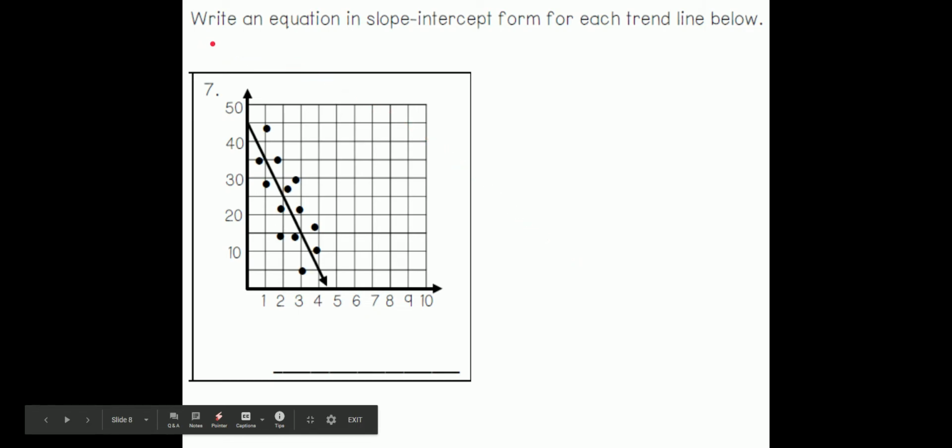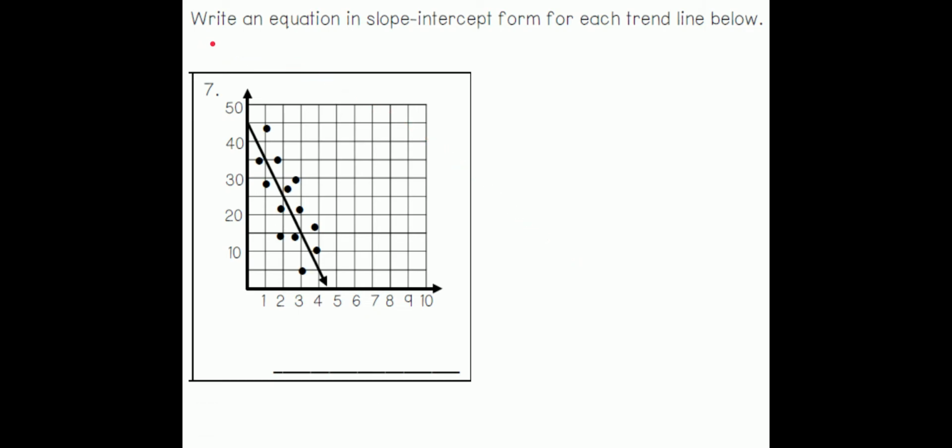Let's look at the next one. Go ahead and pause and try it on your own if you'd like, but I'm going to move on. To find the slope, I'm using this point, 0 and 50. The next good point looks like, could have used this one, but I'm going to use this one down here, which is 2 and looks like 25. y2 minus y1, 25 minus 45 over 2 minus 0.